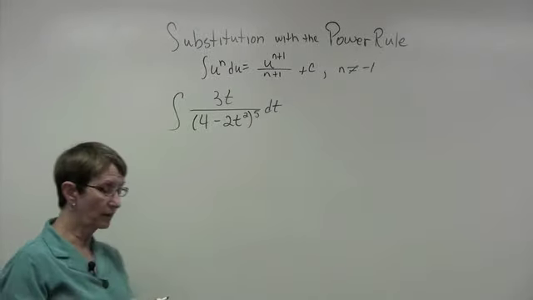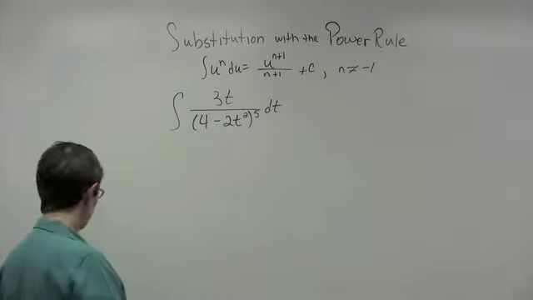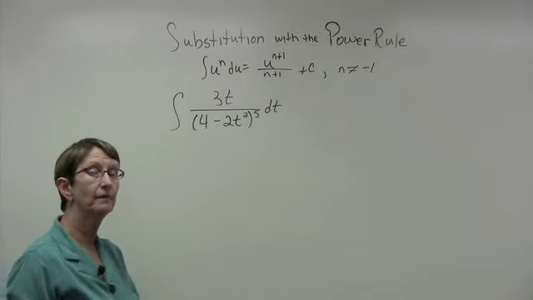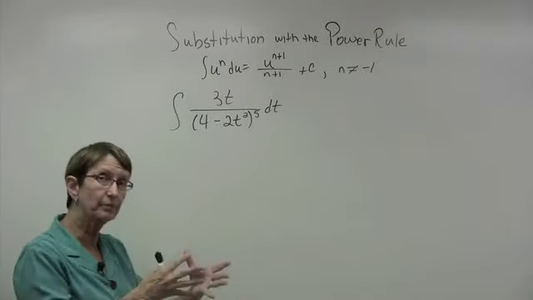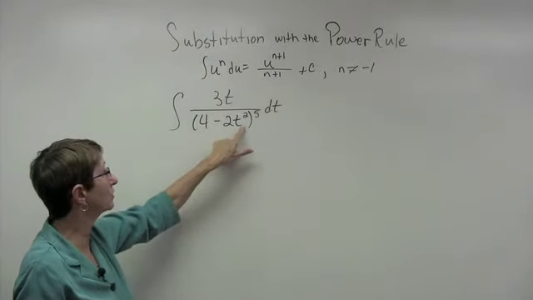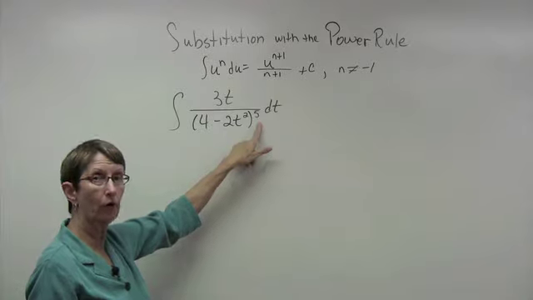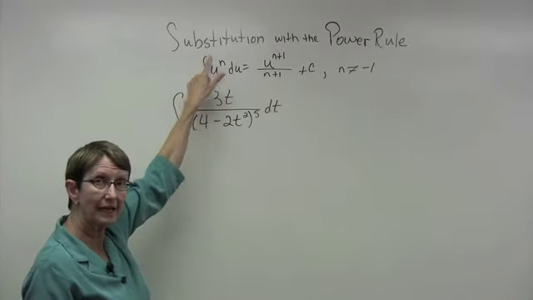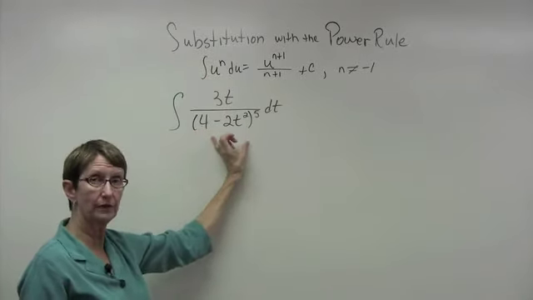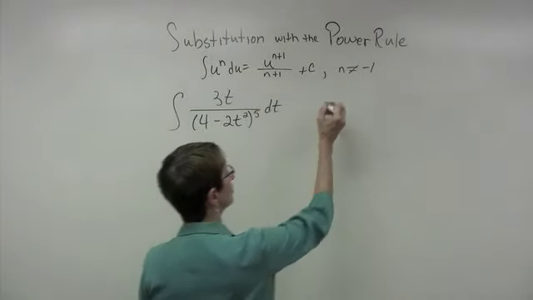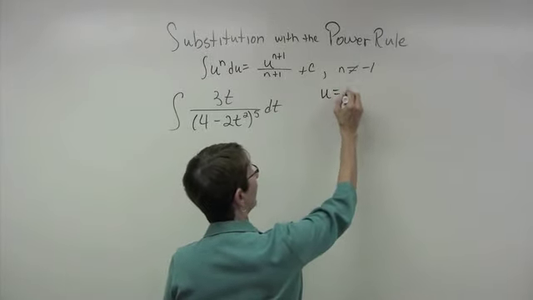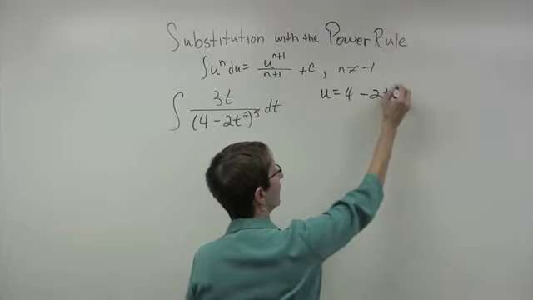And when you're working with a complicated function, you need to choose something to substitute so we can simplify. So u is going to be what's inside our parenthesis that is raised to a power, because we notice u to the n, u is the whole thing in the parenthesis. So let's choose u as 4 minus 2t squared.